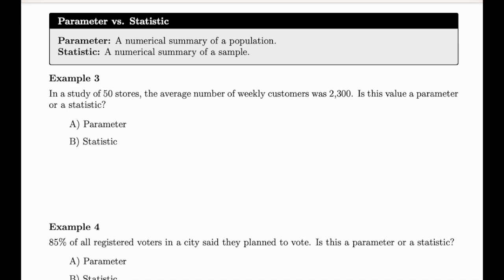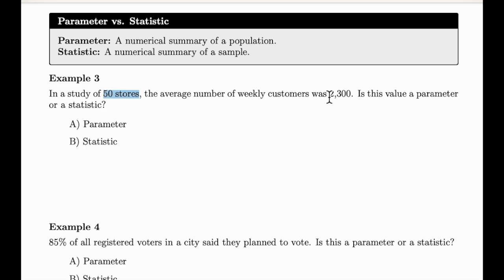So looking at this store example, this is considered a statistic because it's a numerical summary, the average of the weekly customers, that's calculated based on a sample of 50 stores. It doesn't say that that 2,300 here is based on the entire population. The average was calculated on 50 stores, not all stores.